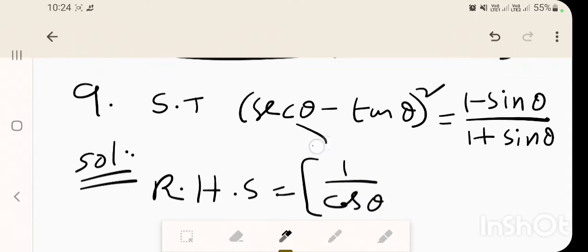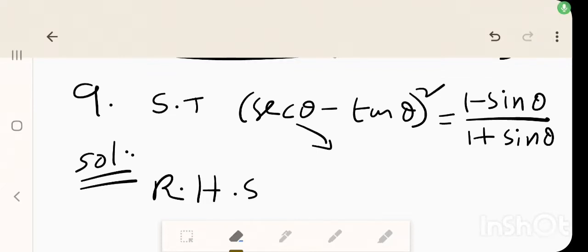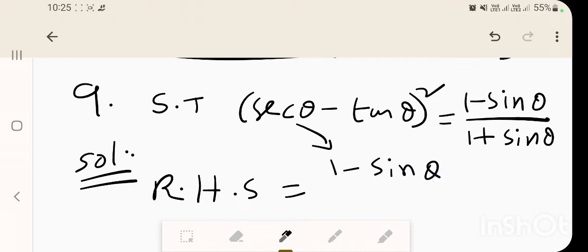For problem number 9, RHS is equal to 1 minus sin theta divided by 1 plus sin theta.